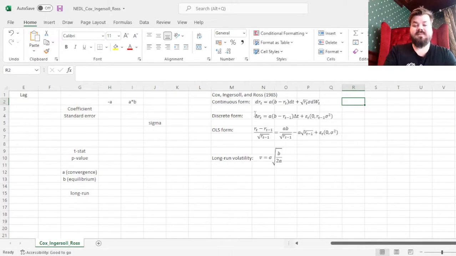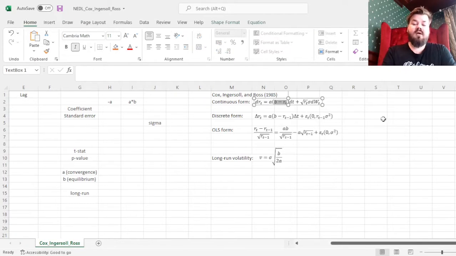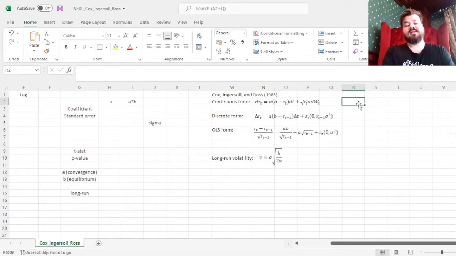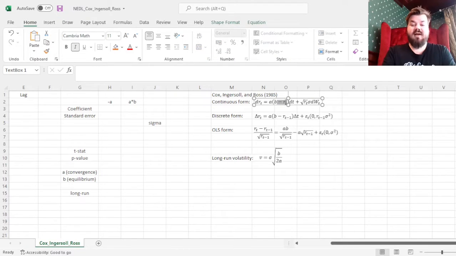And if you notice, if the deviation of the rates from the equilibrium value is negative, that is, if the rates are above the equilibrium, the convergence term would be negative, bringing the rates back down to the equilibrium level. And if this term is positive, that is, the rates are below the equilibrium level B, the convergence would bring them up to the equilibrium level.